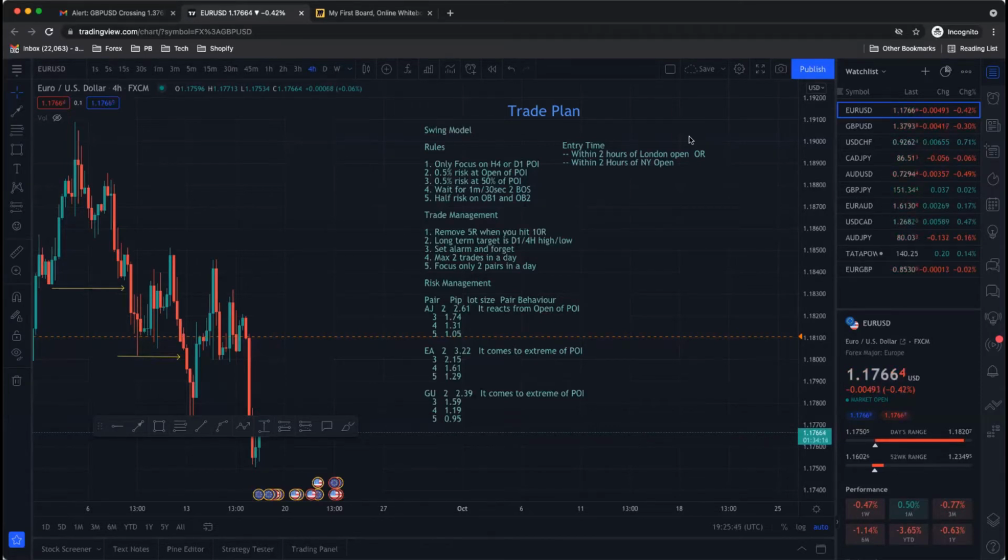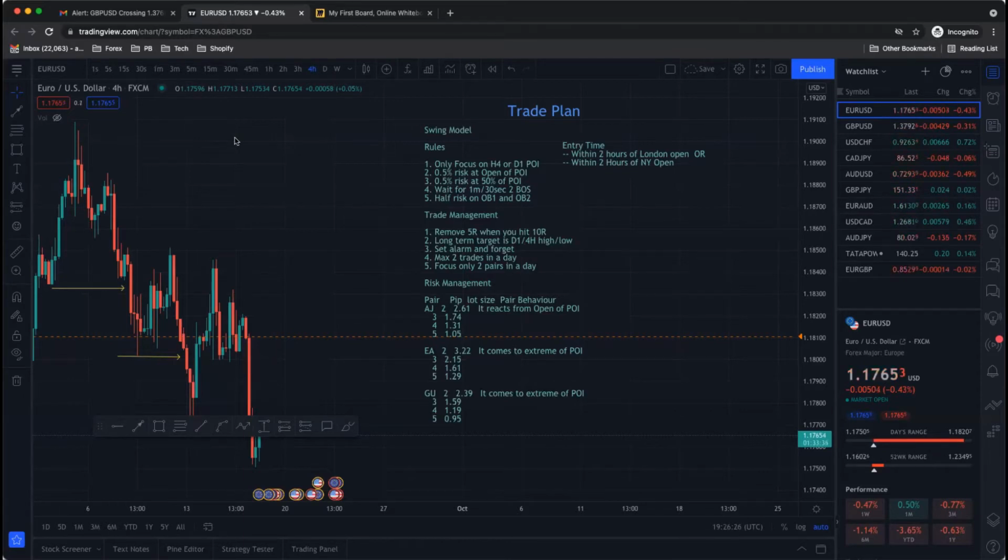Now, what are the rules for the swing model? The first rule: you're going to focus only on the H4 or daily POI. POI is a point of interest, which is basically your order block.